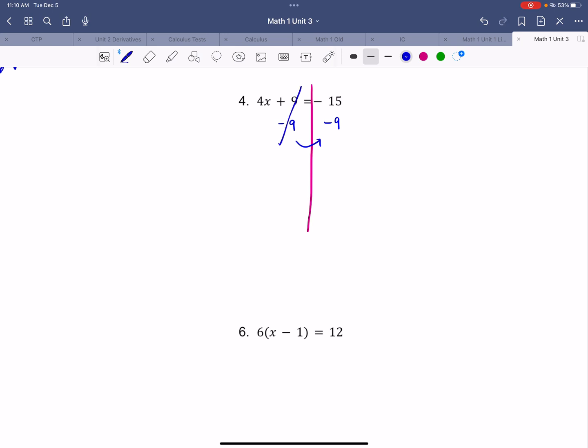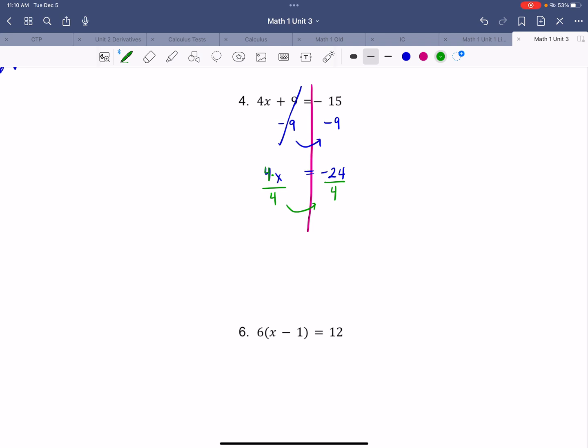That crosses out, and I'm left with 4x is equal to negative 15 minus 9, which is negative 24. This 4 times x, the opposite of multiplying by 4, is to divide by 4. And negative 24 divided by 4 is negative 6.